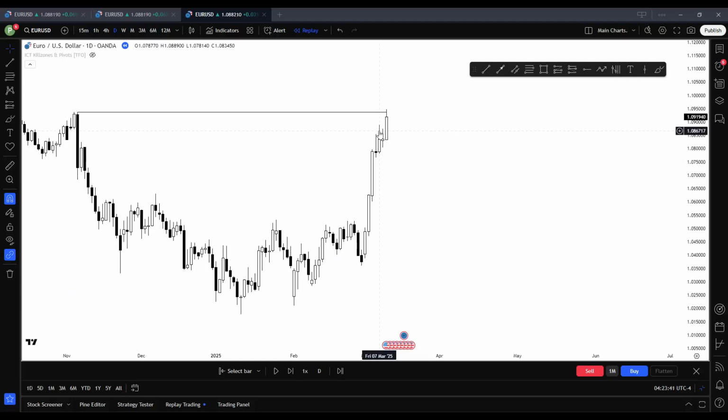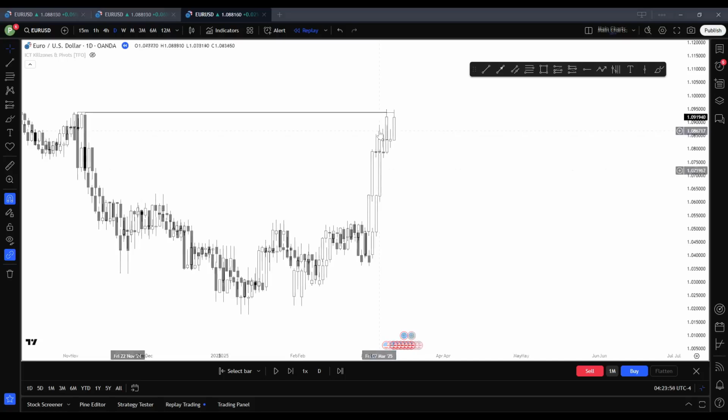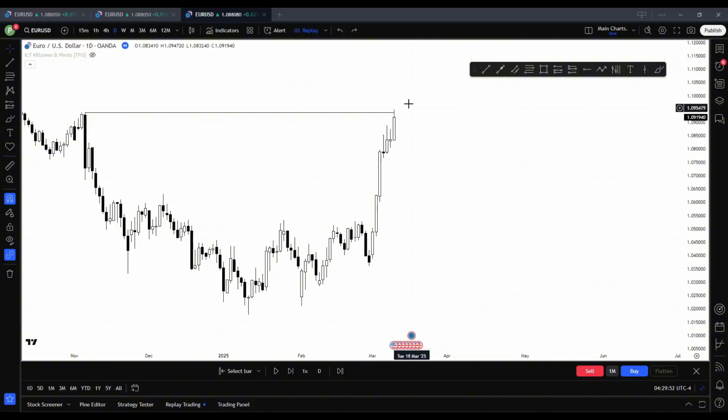I automatically invalidated all the bearish setups, which meant that I could now focus solely on the high probability long setups or high probability bullish setups, right? This is the directional bias that I had on Tuesday. This exact swing high was my drawn liquidity on Tuesday, and my directional bias was bullish.